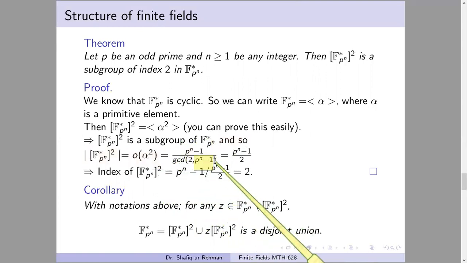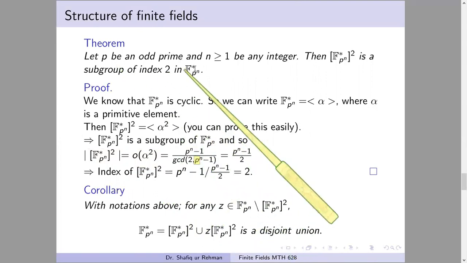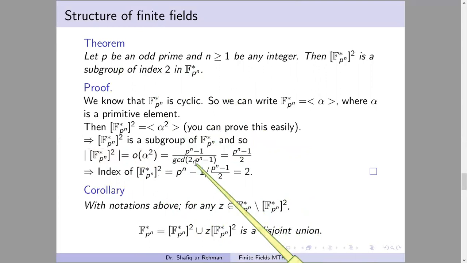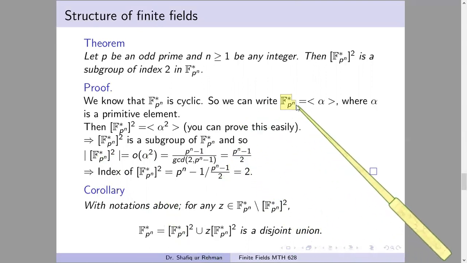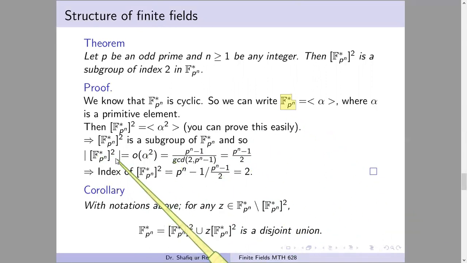But this number is even, because p is odd, and p power n is also odd. अगर कोई नंबर ऑड हो तो उसकी हर पावर भी ऑड होती है. p is odd, so p^n minus 1 is even, so here GCD is 2, and so this group has half the order of the group. इस ग्रुप में कितने एलिमेंट्स हैं? ग्रुप के एलिमेंट्स के मुकाबले में इसमें हाफ एलिमेंट्स हैं. ग्रुप की कार्डिनलिटी है p^n minus 1, और इसकी कार्डिनलिटी है (p^n minus 1) over 2.